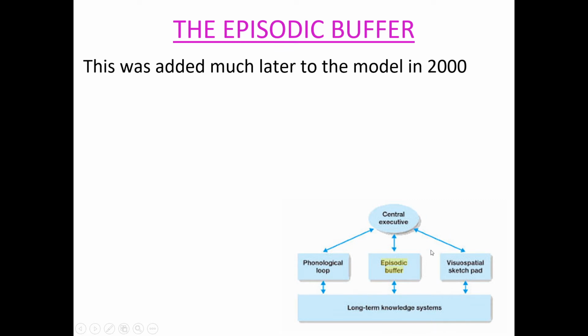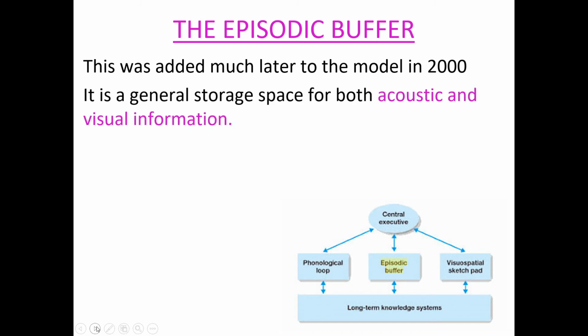How can your working memory happen without having some relationship to long-term memory? So they added this episodic buffer, and it's a little bit vague. It's not exactly easy to understand.